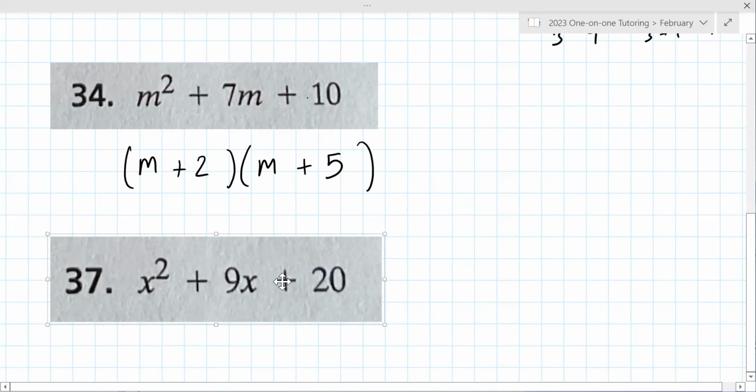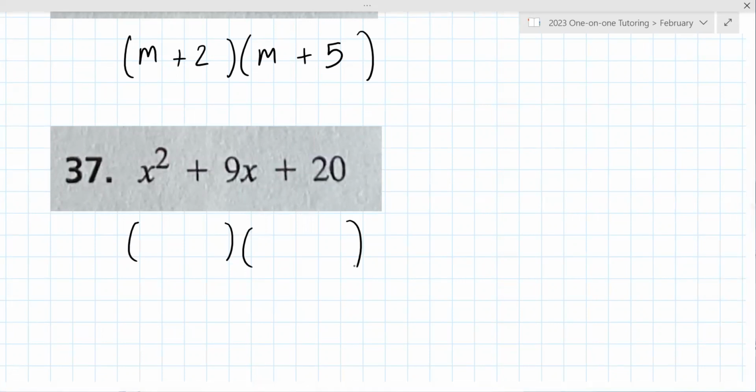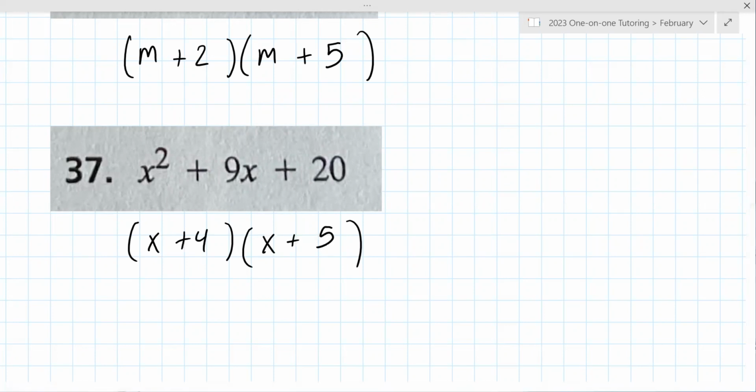Can you tell me what 37 factors into, please? 4 and 5. x plus 4, x plus 5. Good. So I think that's the last one of that type that we're going to see.